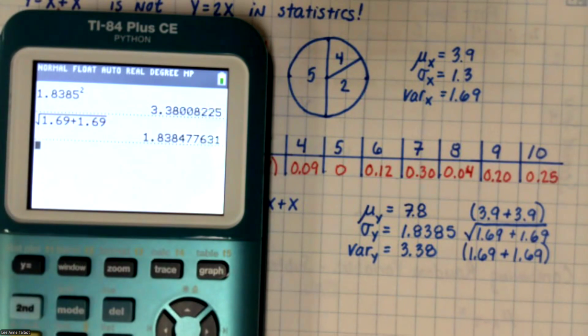Okay, so x plus x, mean plus mean, no biggie. Variance, x plus x, variance plus variance, no biggie. Okay, now standard deviation. You have to take the standard deviation, convert it to variance, then add it, because it's safe to add variances, and then square root it to get it back to standard deviation.